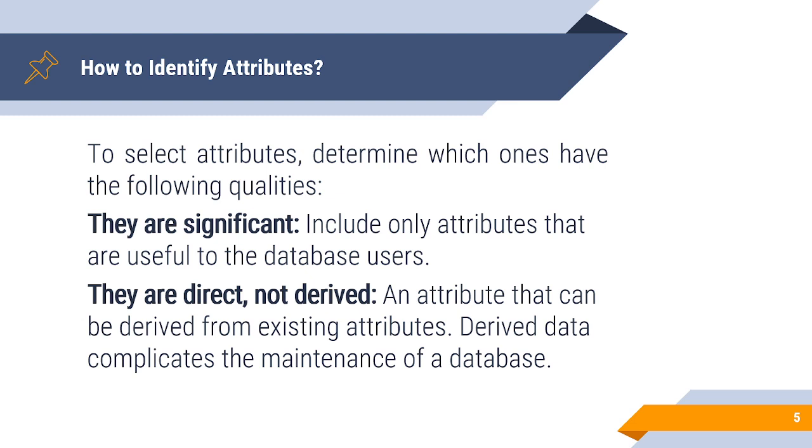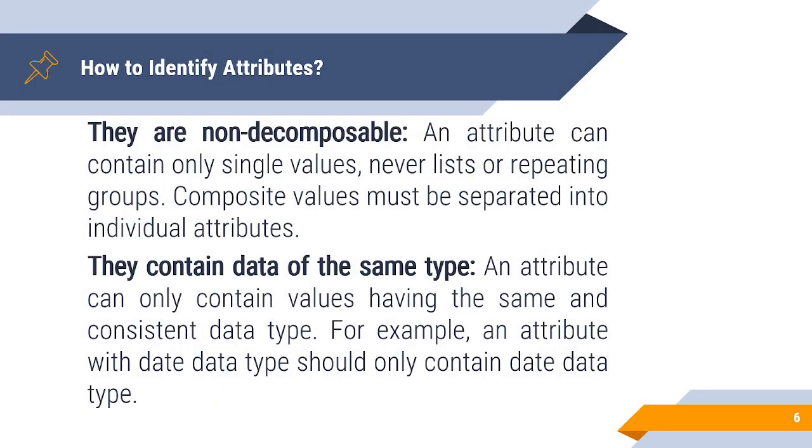So remember, an attribute must be direct, or we call this coded attributes. Next, they are non-decomposable. An attribute can contain only single values, never lists or repeating groups. Composite values must be separated into individual attributes. So, full name is a decomposable attribute.